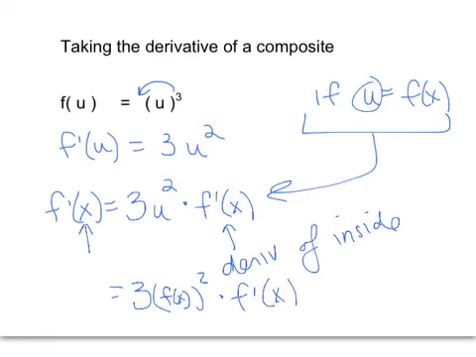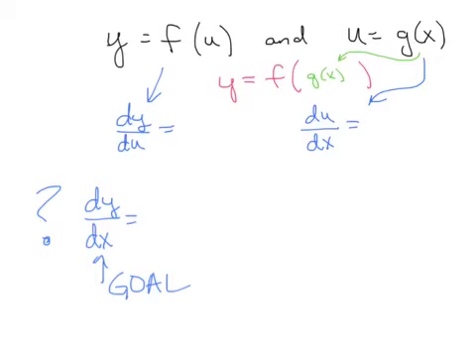All right, let me show you why this works out. There's quite a bit on this page. Let's suppose we have a function, and it has an inside and an outside function. u is the inside function. That was our g of x on that first slide. And f is the outside function. So we really have f of g of x, just like I did on the first slide.